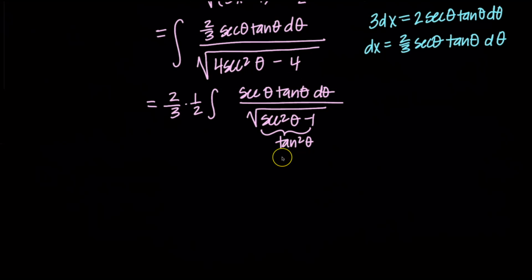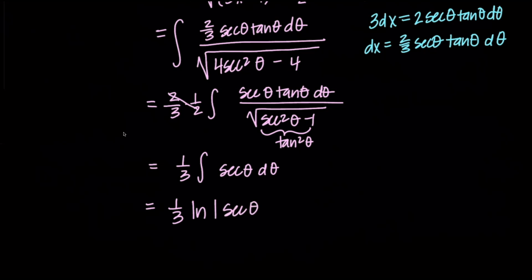Again, we're assuming we're on the appropriate domain to apply these trig subs. The tangents will cancel, and we're just integrating secant. So out front I have 1/3 the integral of secant theta d theta, and the integral of secant is natural log of the absolute value of secant theta plus tangent theta plus c.